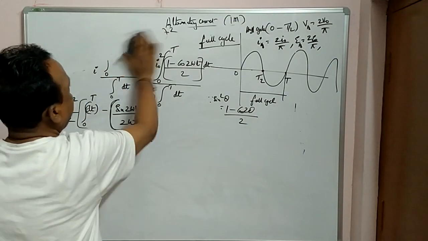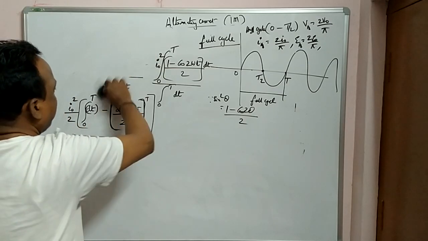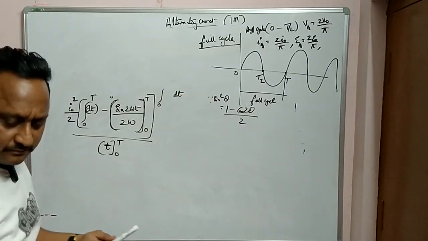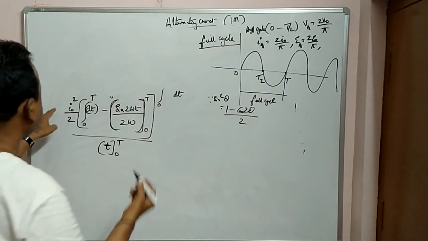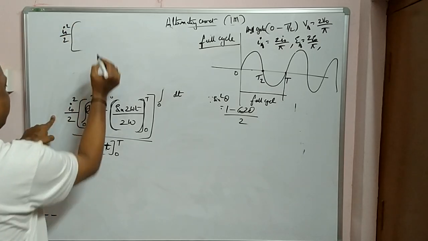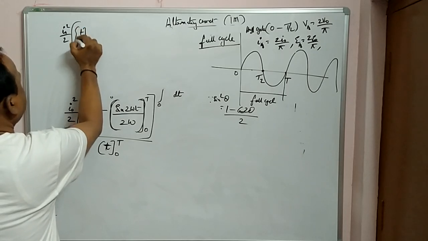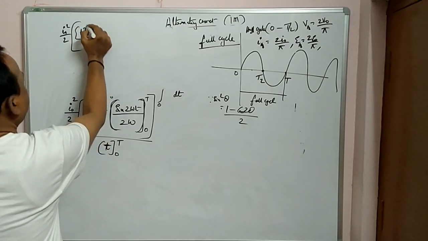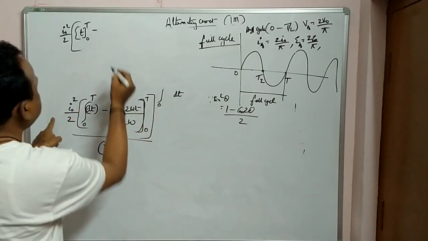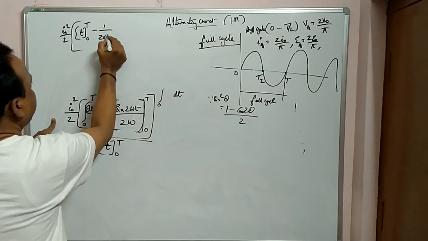So you are calculating IRMS value for full cycle. We know the value, but still for understanding better I am doing it for you. So what happened here? Carefully, let us extend. I am left with I square by 2 inside. Here see, the integration of dt is t, with limits 0 to full cycle. Minus, here what I'll do, I'll take 2 omega outside. 1 by 2 omega, where omega means 2 pi by T again.